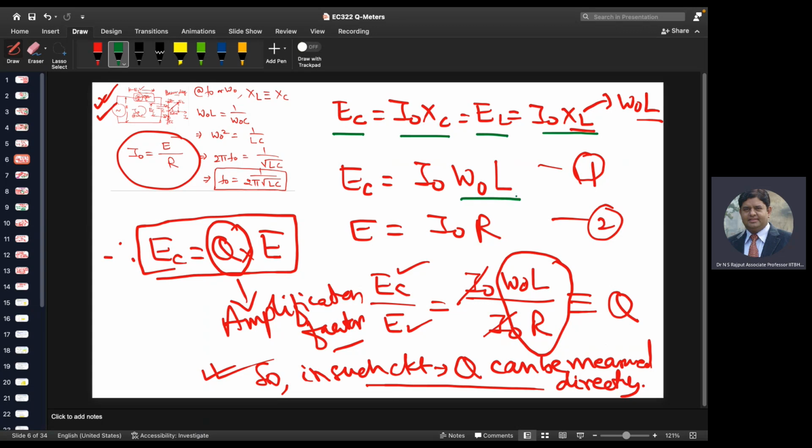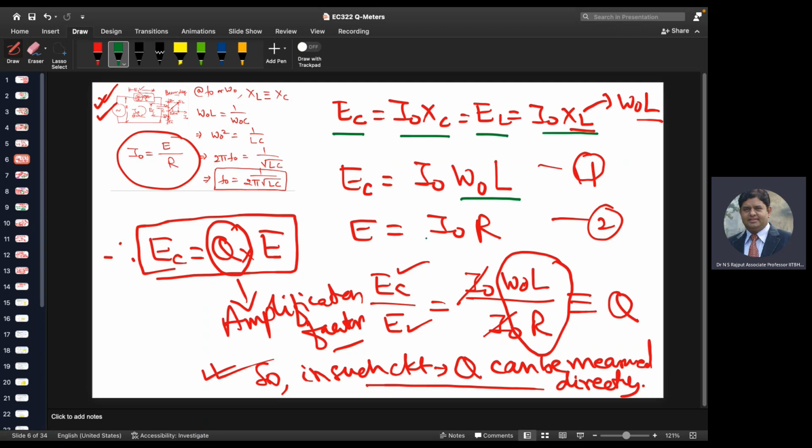So I naught XL is equal to EC, the voltage drop generated across the capacitor. And therefore EC is equal to I naught omega naught L, and E is equal to I naught R, right?